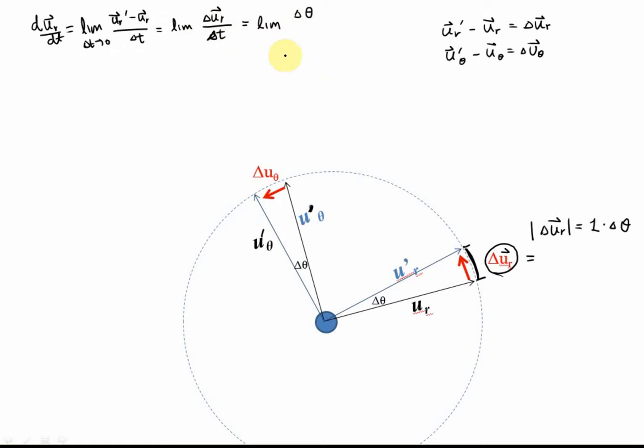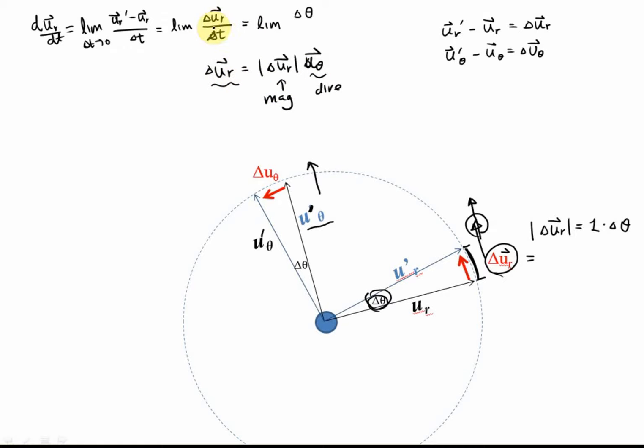Then what is the direction of delta u r? If this is very small, then this delta u r direction is the same as the u theta direction, right? Because right now this is going this way and u theta direction is going this way. So my delta u r can be written as magnitude times the u theta direction. This is only the direction, this is the magnitude, and this is my vector.